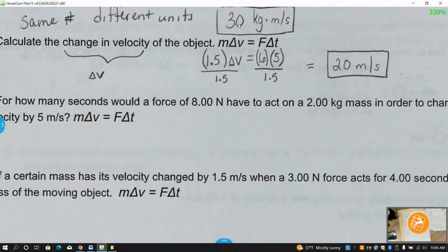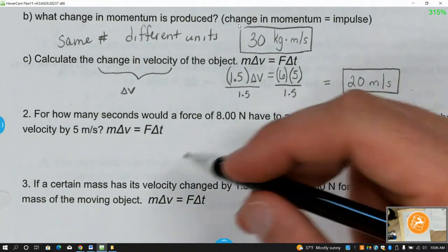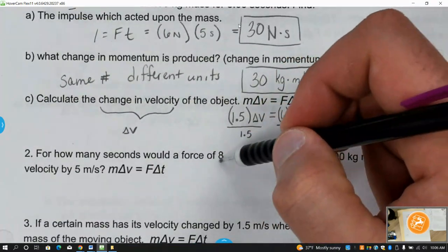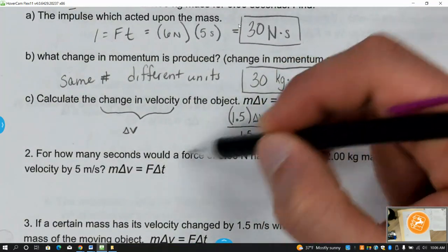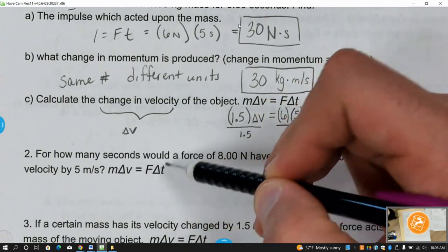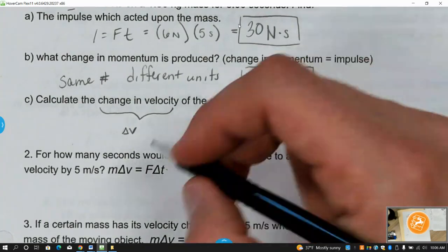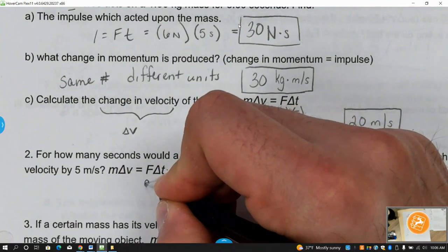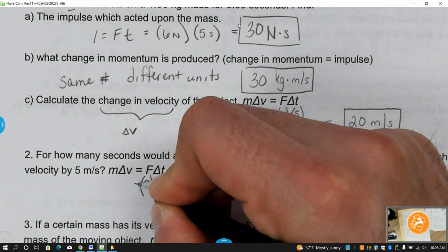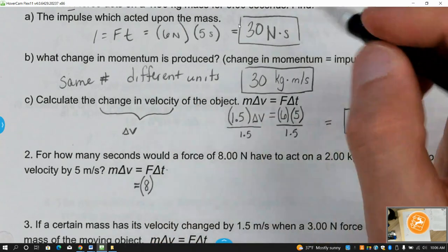So if we're looking at number 2, the 8 N, what unit is that? It's the Newton. Is that for mass, velocity, force, or time? Force. So I'm going to put 8 under F. Bring my equal sign down.